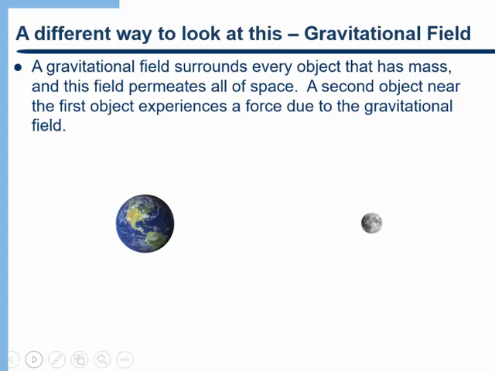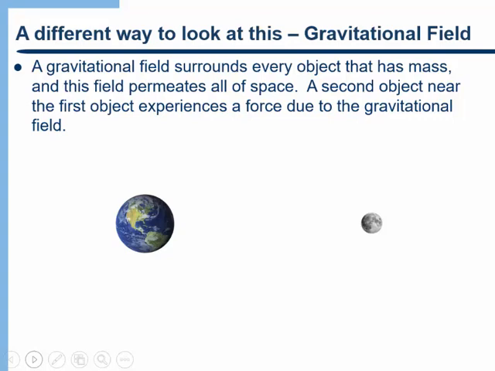We introduce the concept of a field. We say a gravitational field surrounds every object that has mass, and this field permeates all of space. A second object near the first object experiences a force due to the gravitational field. At first this might not seem like any big change, but effectively we've inserted a middleman in the situation.